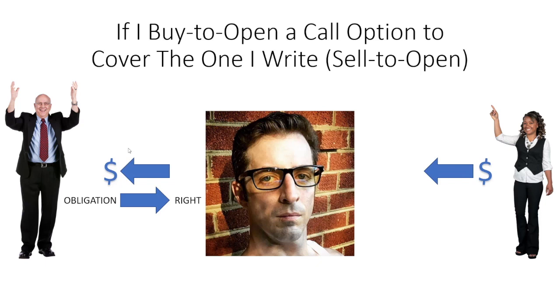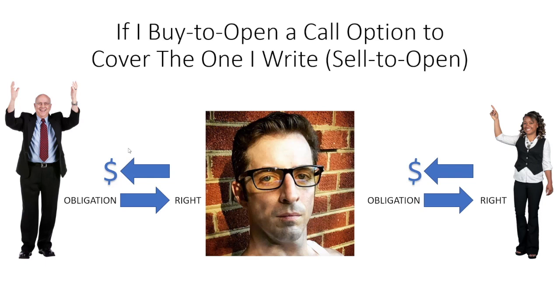If they give me some money, I will give them the right, I'll take on the obligation to allow them to come a knockin' and ask me for the stock or the underlying asset. It could be an ETF, it could be an index.